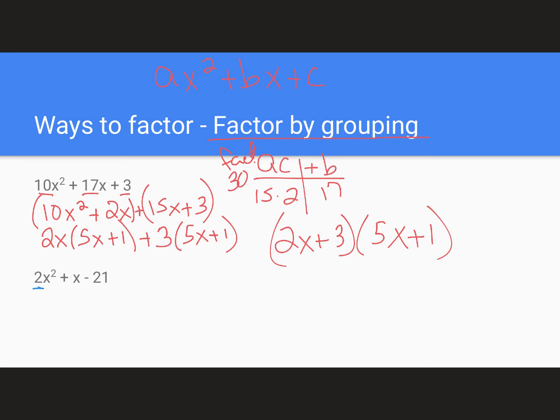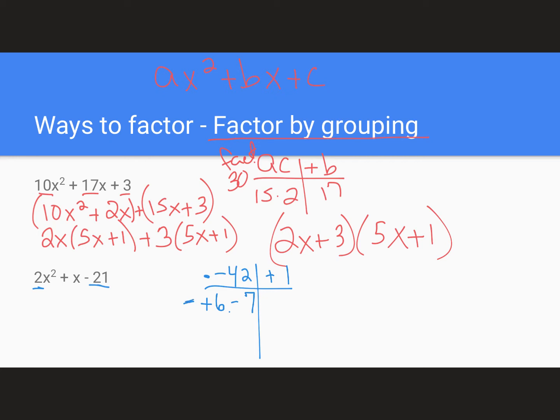Now I need a factor pair of negative 42. So I need things that multiply to negative 42, and they need to add to 1. So factors of negative 42 that add to 1 would be positive 6 and negative 7. No, other way around.